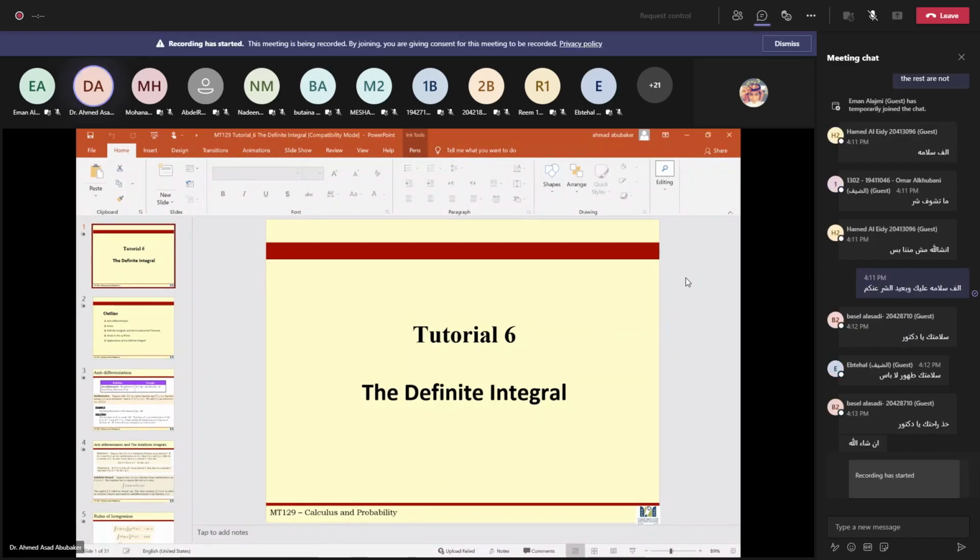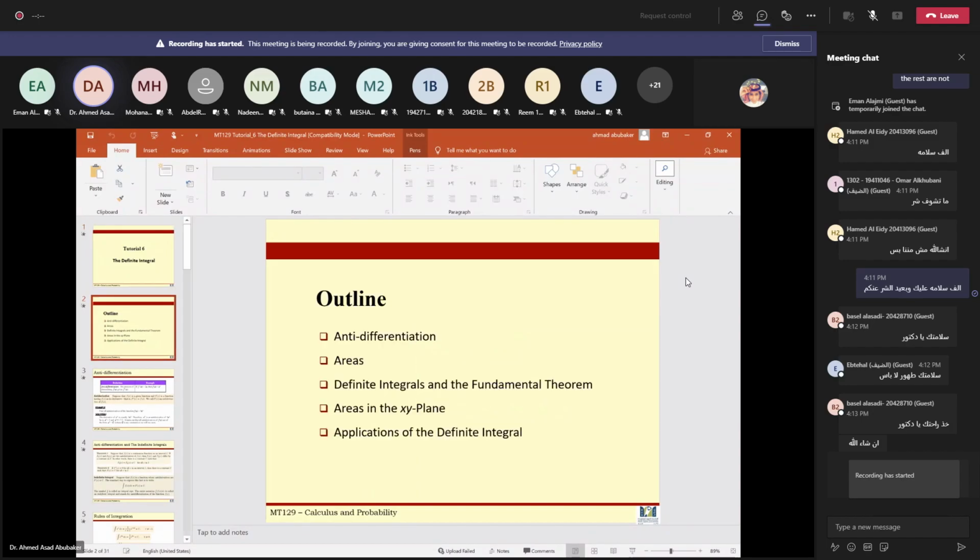Bismillah ir-Rahman ir-Rahim. Today we will start with tutorial number 6, the definite integration. The main subject of definite integration, firstly antiderivative. I will rearrange this chapter also.